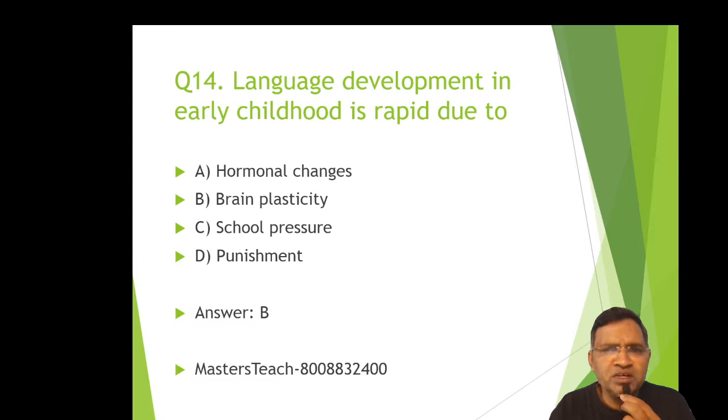Language development in early childhood is rapid due to A, hormonal change, B, brain plasticity, C, school pressure, D, punishment. The answer is language development related to the brain plasticity.